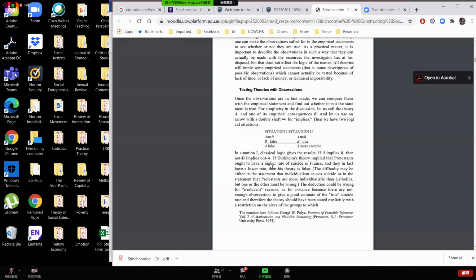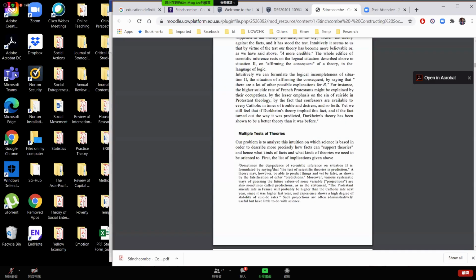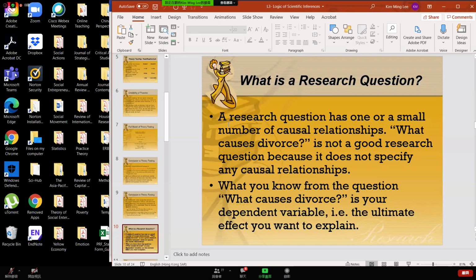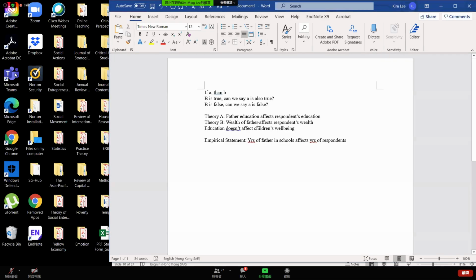So any question about the scientific inferences? A real life example, actually I have already given one for you. For example, father's education affects respondent's education. So you believe that your father's education may affect your education. But in that case, wealth also does.